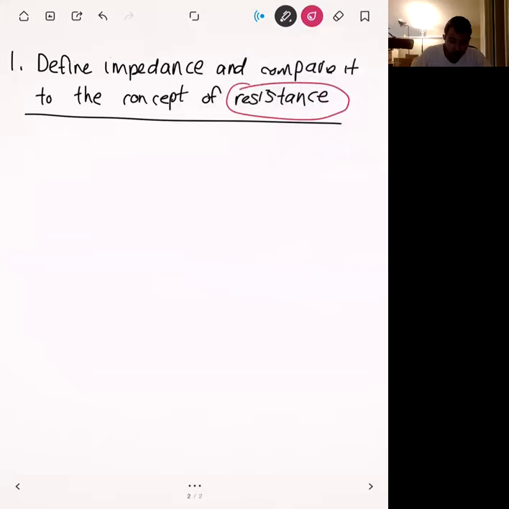Let's start with the back end of this learning objective, and let's talk about resistance. Resistance is a concept that we're very familiar with in this class, and resistance, as we know, represents the ability for the vessel to resist fluid flow based solely on viscous losses.